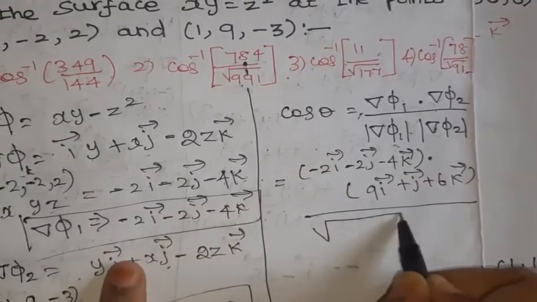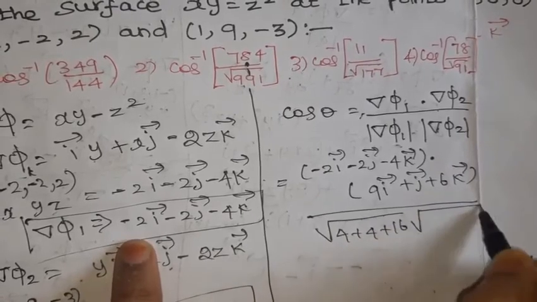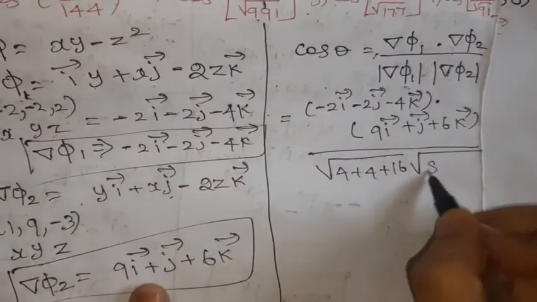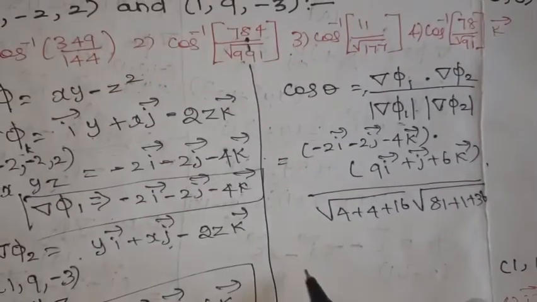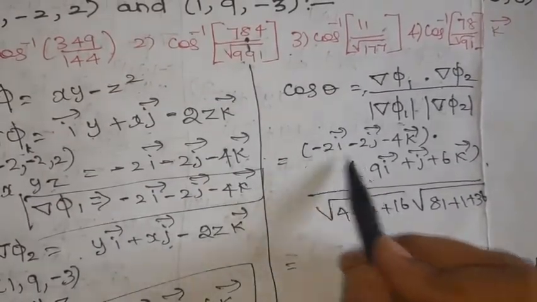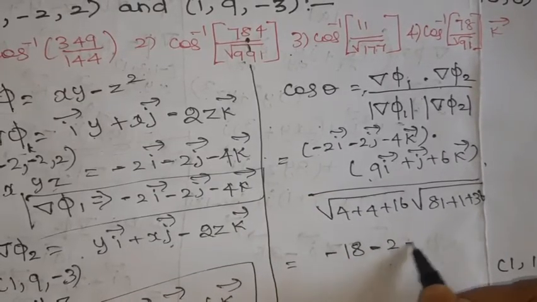What will we get? 4 plus 4 plus 16. Here 81 plus 1 plus 36. So do the dot product: minus 18 minus 2 minus 24.